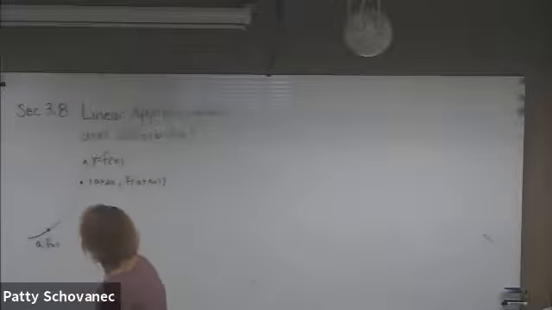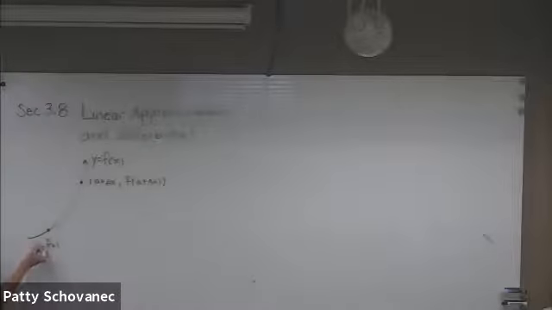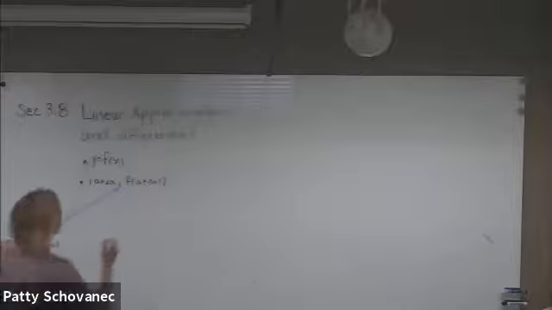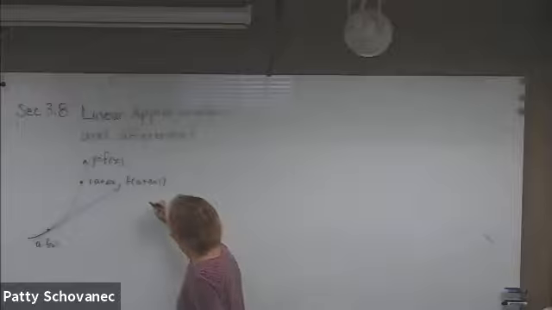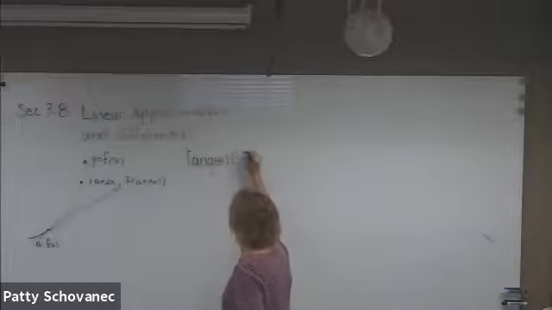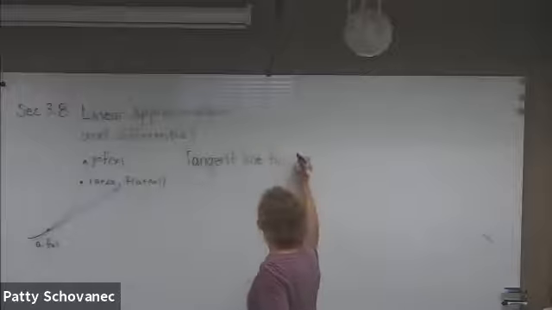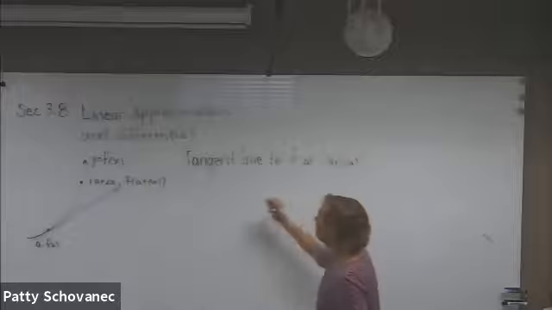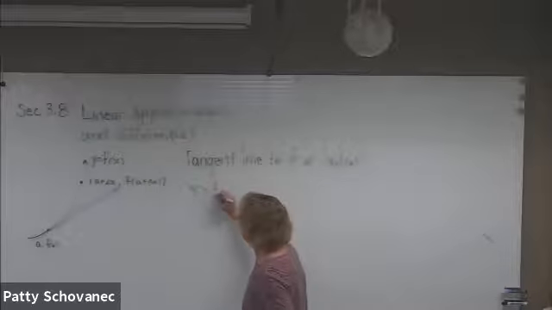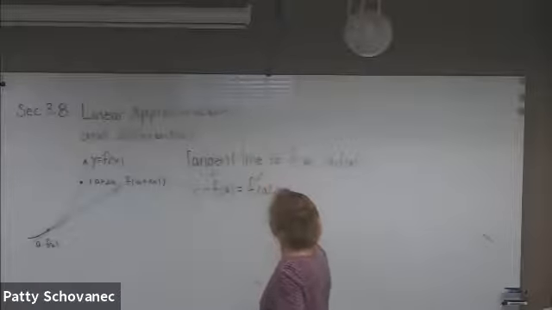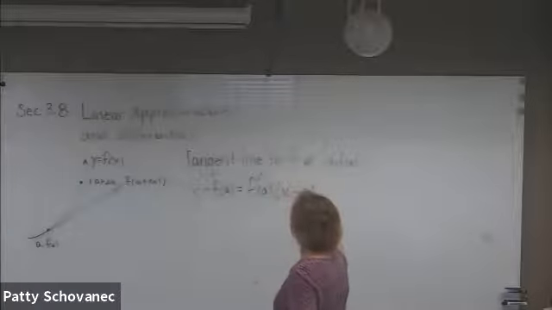I draw the tangent line to the graph at the ordered pair a, f of a. The equation of that tangent line to f at the ordered pair a, f at a, looks like y minus y1 is equal to m, which is f prime at a, times x minus x1.